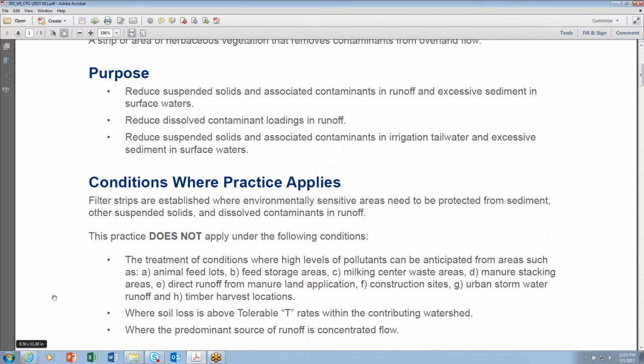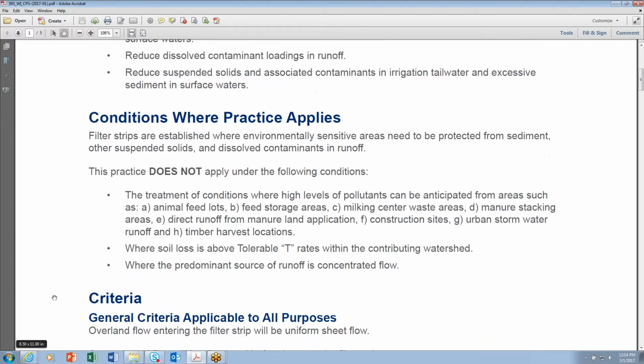But it's really important that we understand where it does not apply, and that is in treated conditions where high levels of pollutants can be anticipated from areas such as your feedlots, feed storage areas, milk house waste, manure stacking, direct runoff, concentrated flow from manure land application, construction sites, urban stormwater, and timber harvest locations.